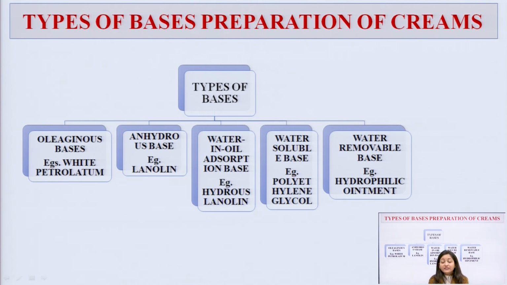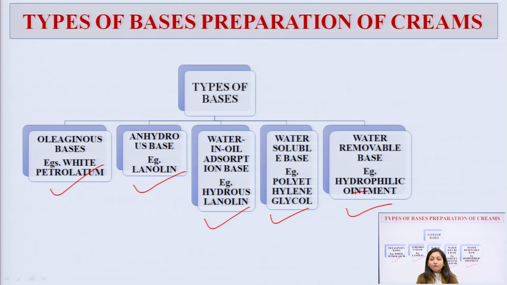Now, here we have different types of bases. As I discussed already, the types of bases can be oleogenous bases, for example white petrolatum; anhydrous bases, for example lanolin; water-in-oil bases, for example hydrous lanolin. Then we have water soluble bases, for example PEG, that is polyethylene glycol. Eventually, we have water removable bases, for example hydrophilic ointment.